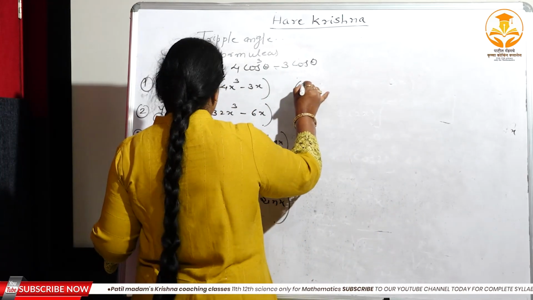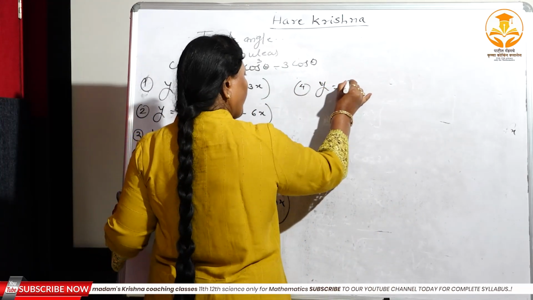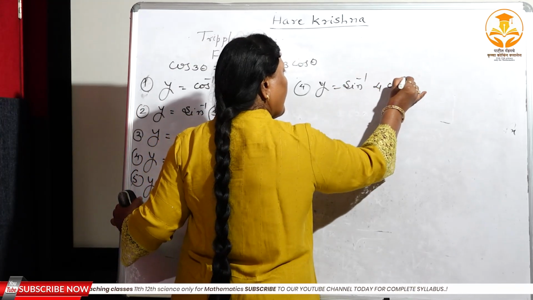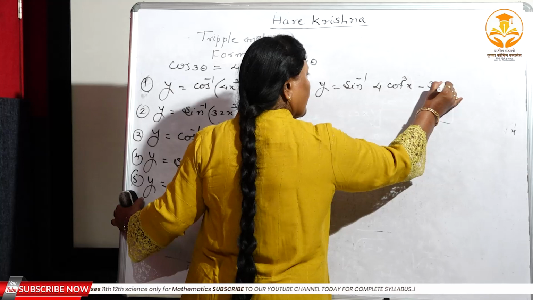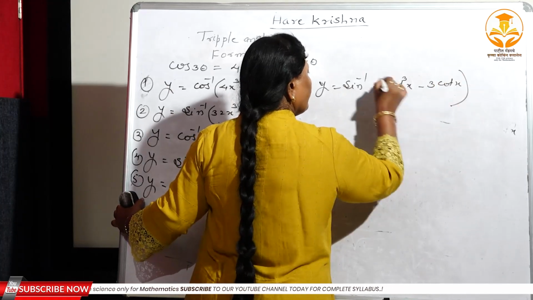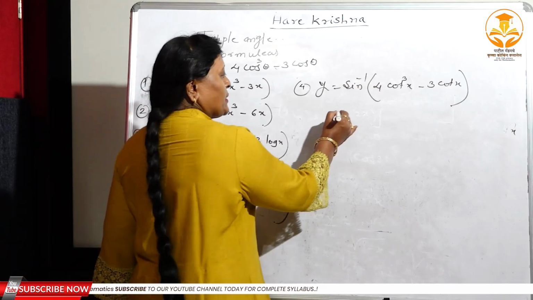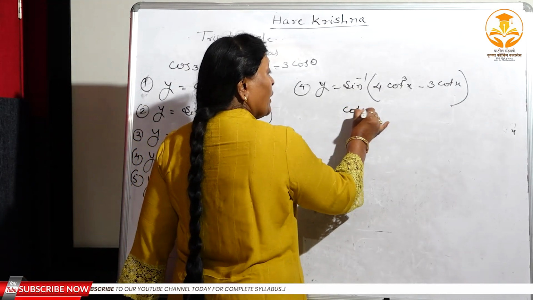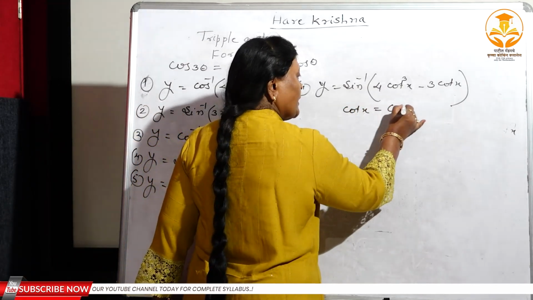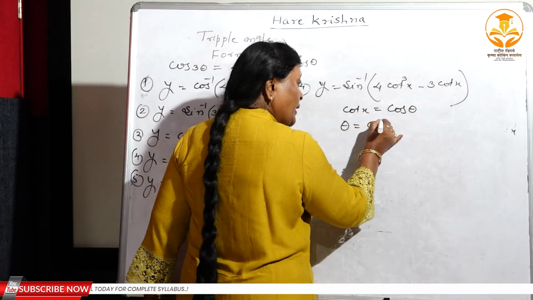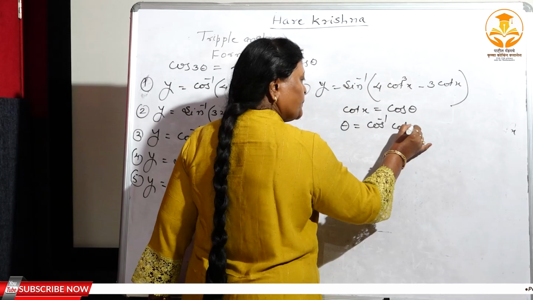Fourth one. Y is equal to sine inverse of 4 cot cube x minus 3 cot x. Now if you observe this, in place of cot x you have to substitute cos theta. Therefore, theta is equal to cos inverse of cot x.